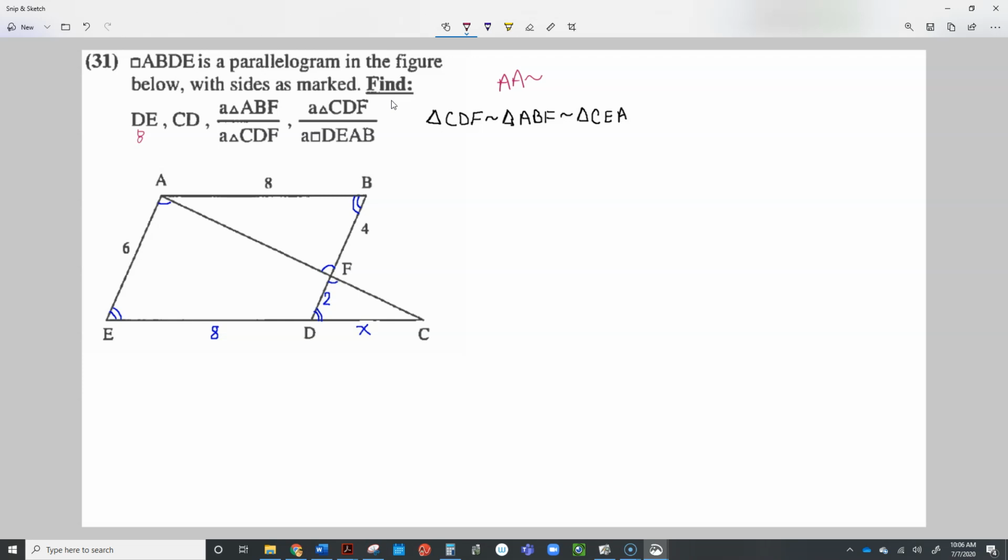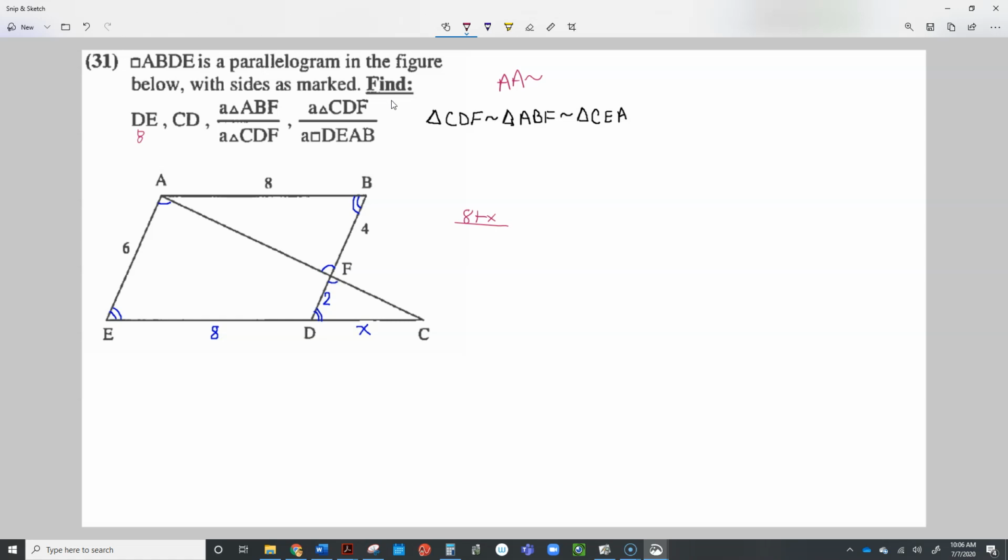That means that I am going to be able to find this measurement right here of CD by just using a scale factor. So let's just do the big triangle to the little triangle. The big triangle right here, that big side length is 8 plus x.